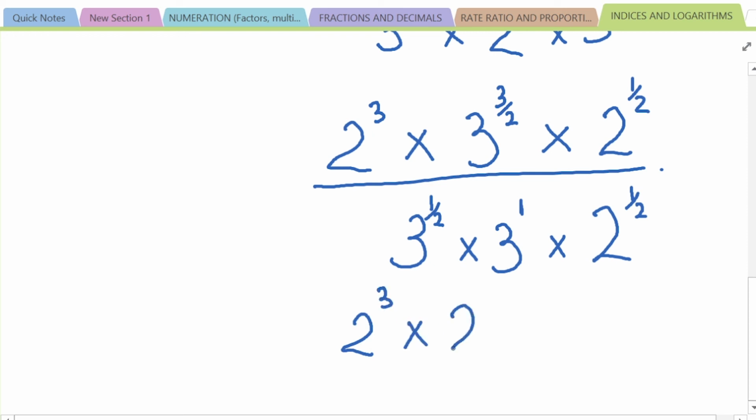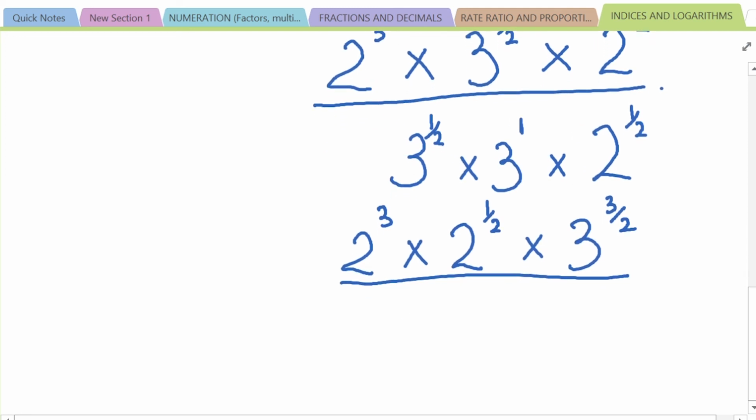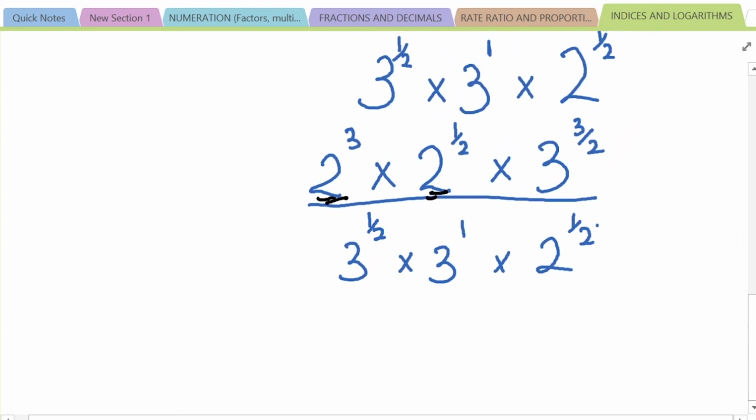Multiply that by 2 to the power a half. Multiply that by 3 to the power 3 over 2. Divide that by, of course, let me maintain the bottom the way it is, 3 to the power a half times 3 to the power 1 times 2 to the power a half.